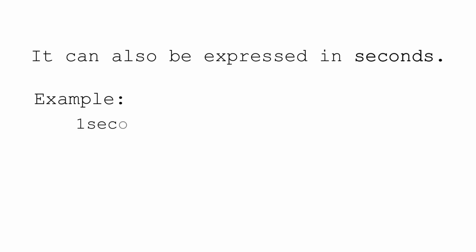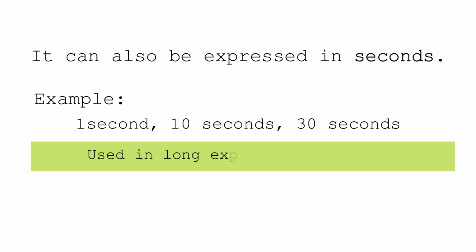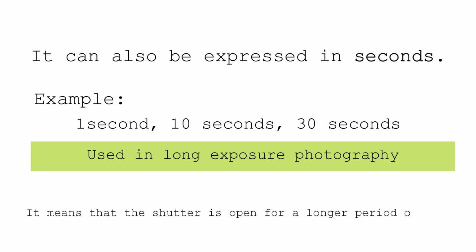Shutter speed can also be expressed in seconds. Example, 1 second, 10 seconds, 30 seconds. It means that the shutter is open for a longer time.